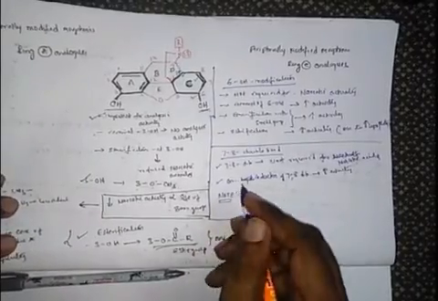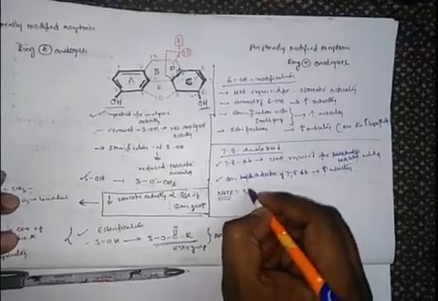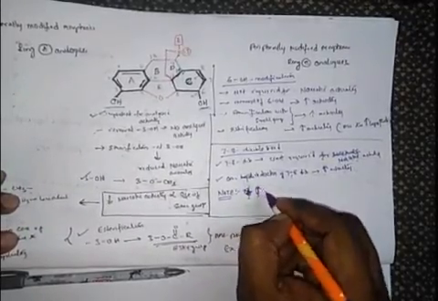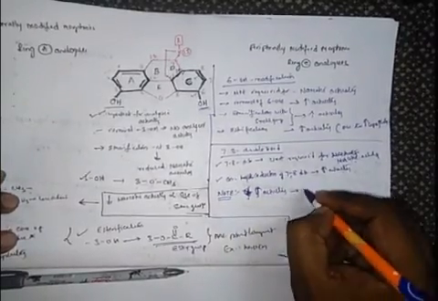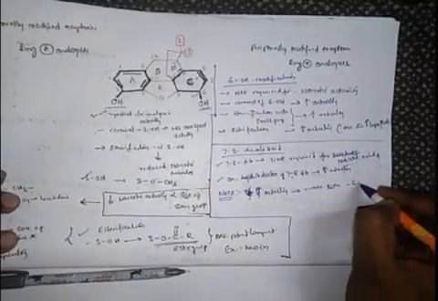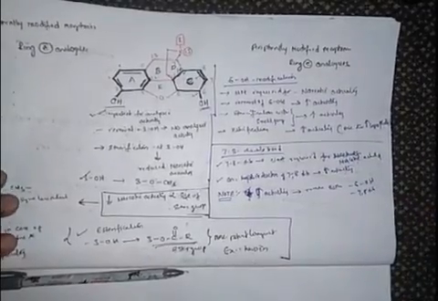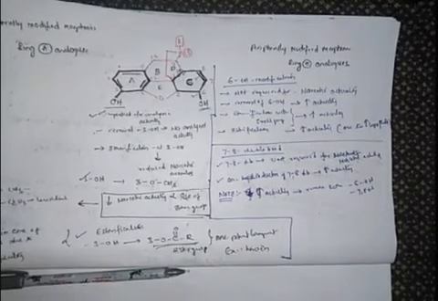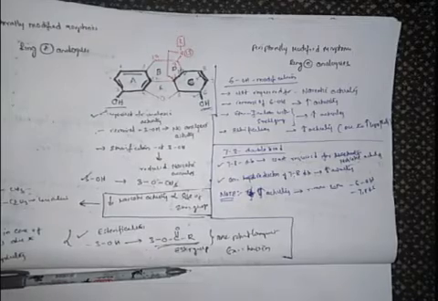To get an increase in activity, remove both the 6 OH as well as the 7,8 double bond. To get a more active compound, it is suggested to remove the 6 OH group as well as the 7,8 double bond simultaneously.